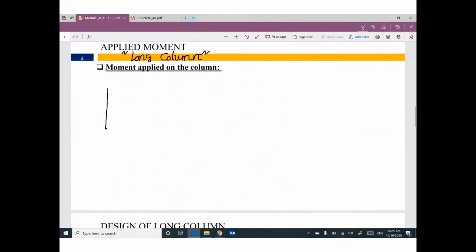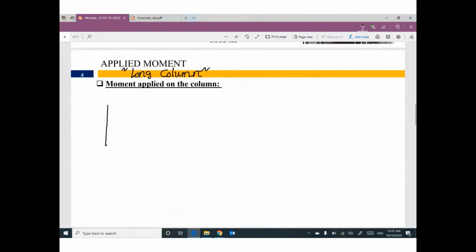In the first case, this column is a part of a frame. So we have a moment here, and we have another moment here. Looks like this. Just to remind you of something you learned before in structure analysis.